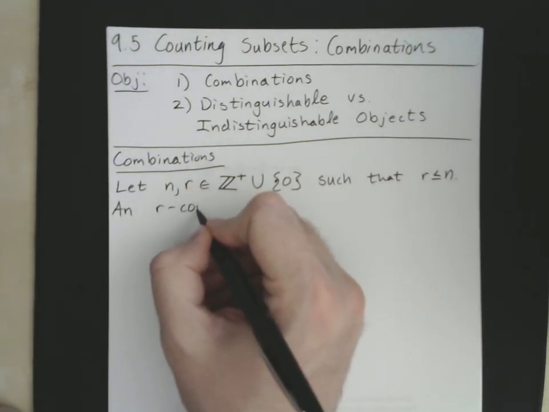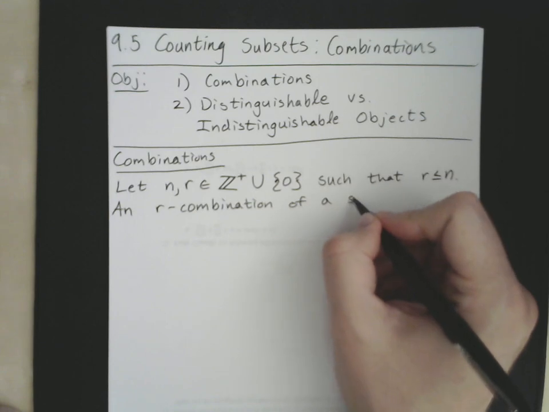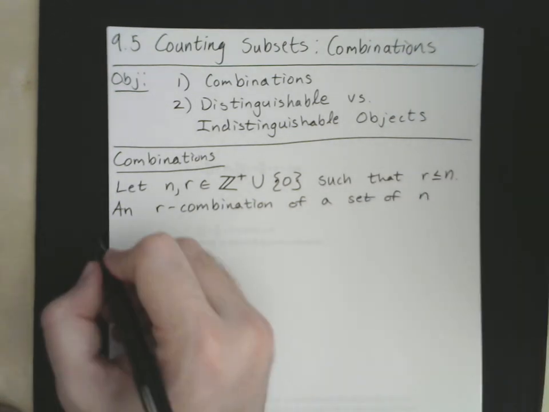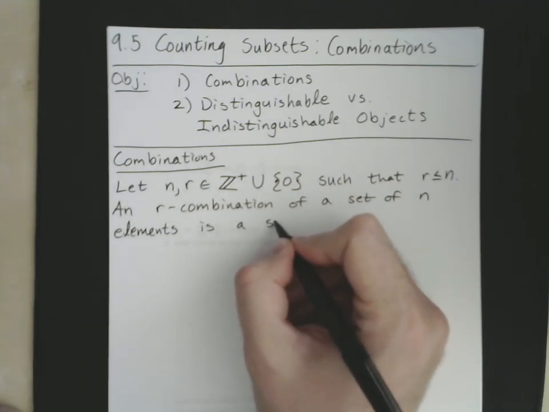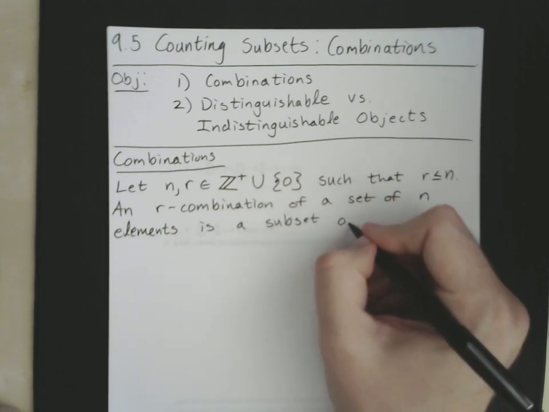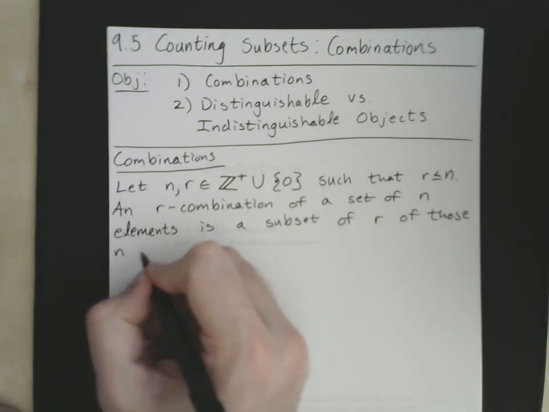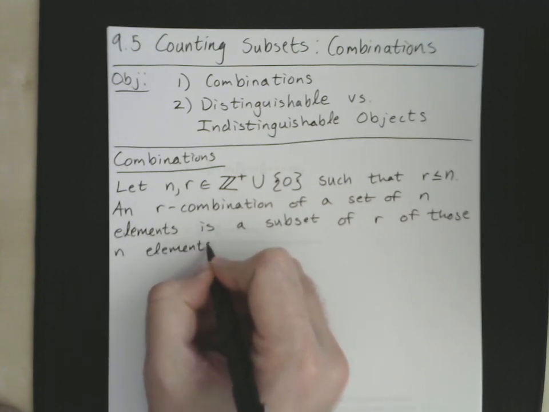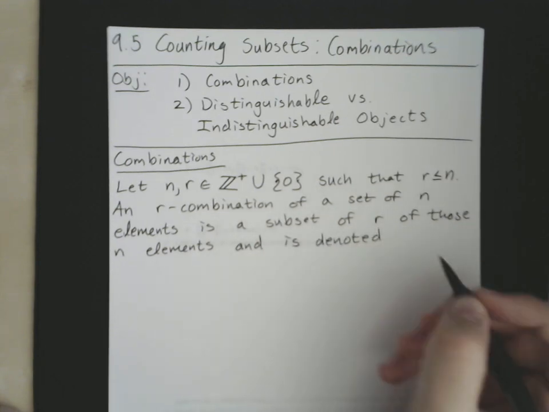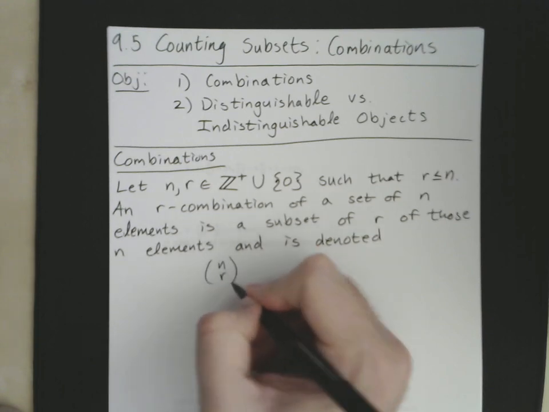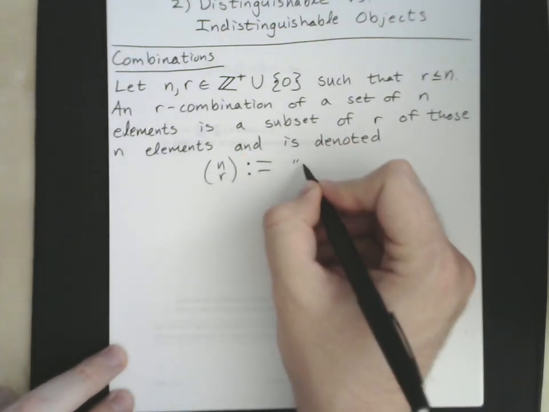An R combination of a set of n elements is a subset of R of those n elements, and is denoted as n stacked over R, which we define as n choose R.